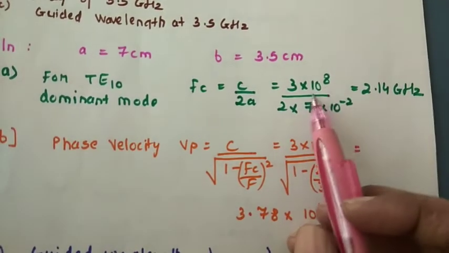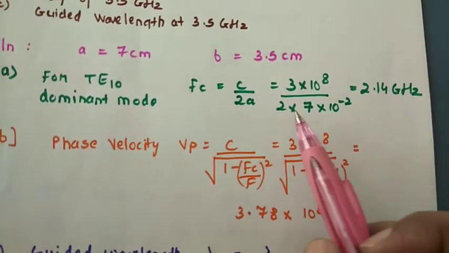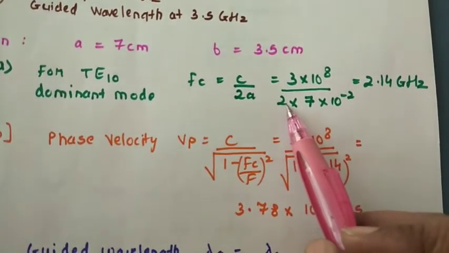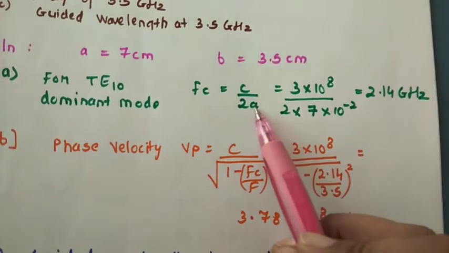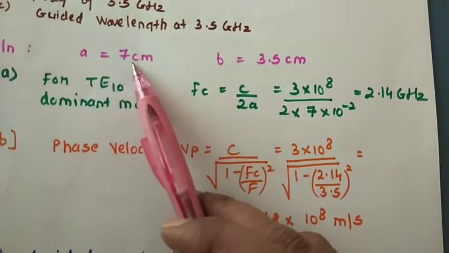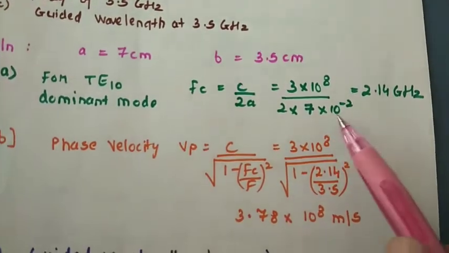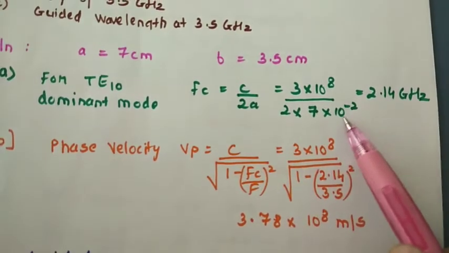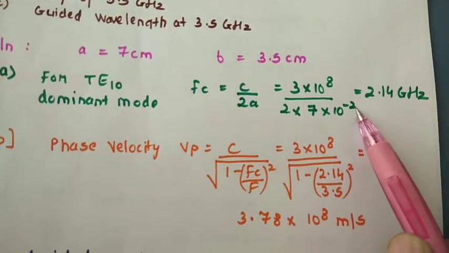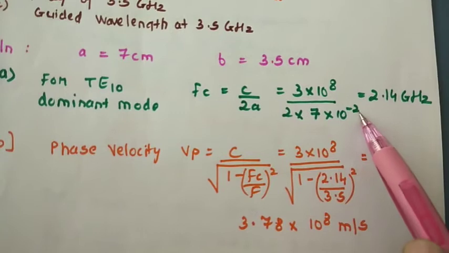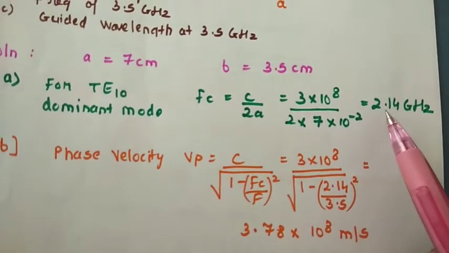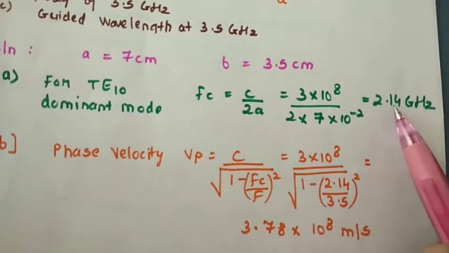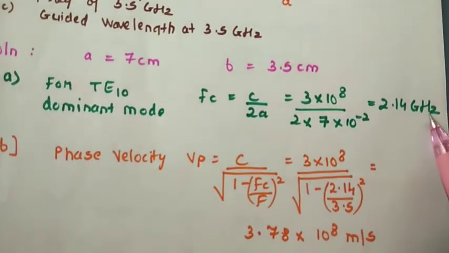C is 3 into 10 raised to power 8 and 2 into A. The value of A we already know, that is 7 centimeter. So 7 into 10 raised to power minus 2, since it is in centimeters. So this will give you 2.14 gigahertz. Very simple.